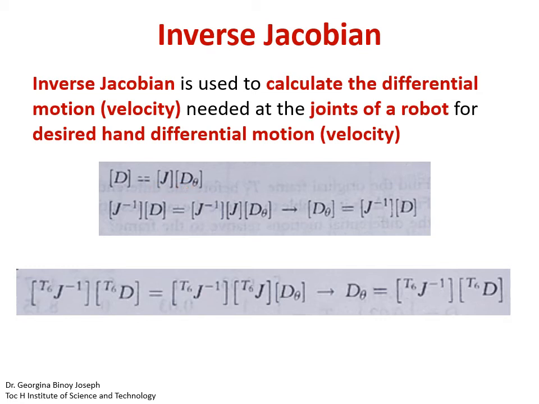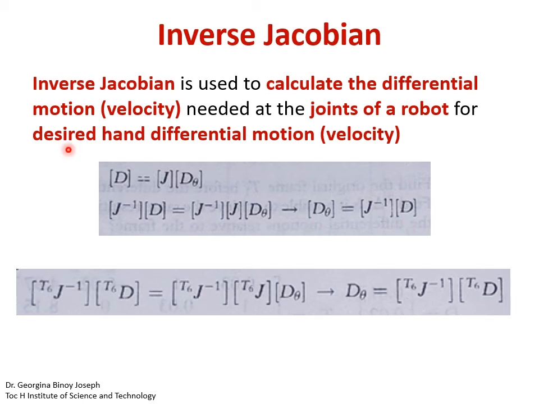Now, if I want to get d theta, I have to multiply this by J inverse. So multiplying both sides of this equation by the J inverse matrix, J inverse into D is equal to J inverse into J into d theta, which means that d theta is equal to J inverse into D. So that's what we are saying.